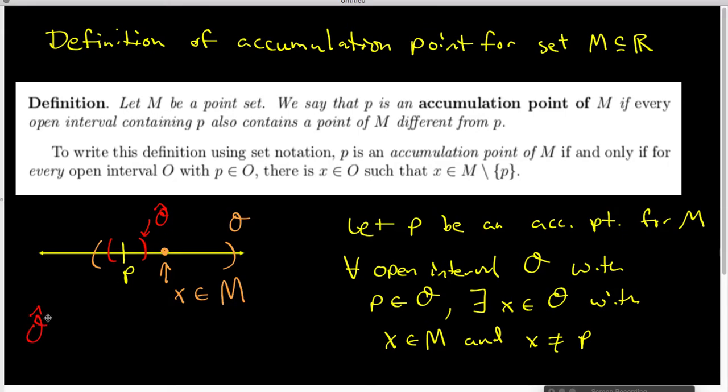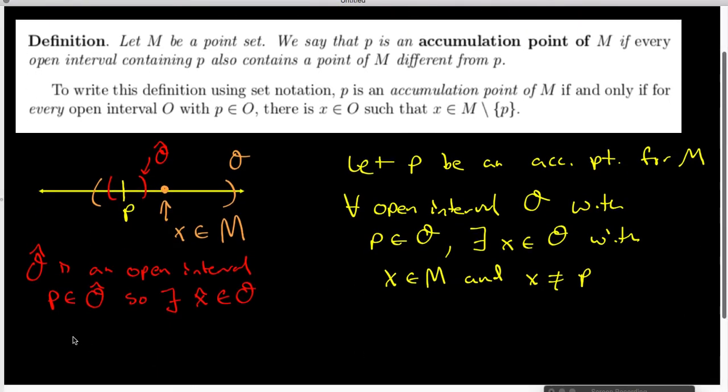O prime is an open interval, and P is certainly in O prime, so there exists, I'm going to call it an X hat inside O prime, such that X hat belongs to M and X hat is different from P. So in other words, I can come in and I can put in there's X hat.